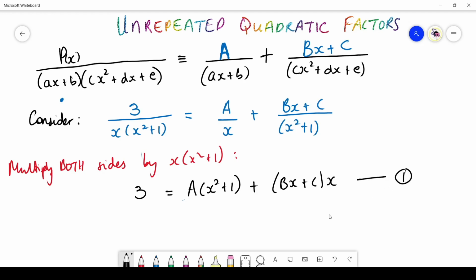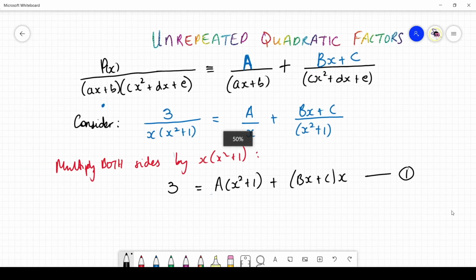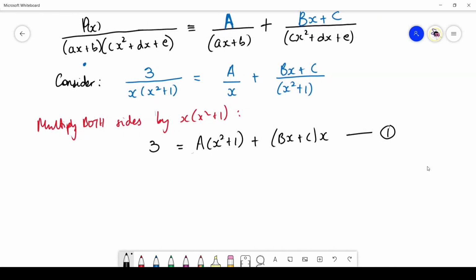You continue. You can use either method where you set your denominators that are present. You can set them equal to 0 if you like, to solve for possible values of a, b, and c. Let's see if we attempt to use when x is equal to 0, what happens.